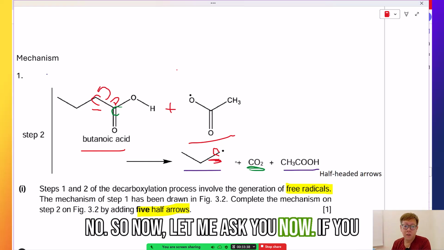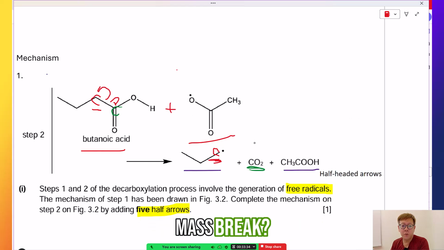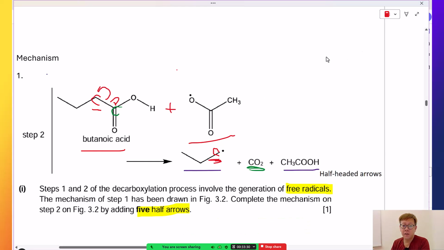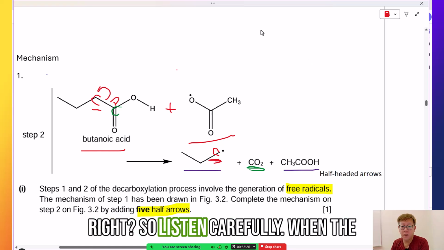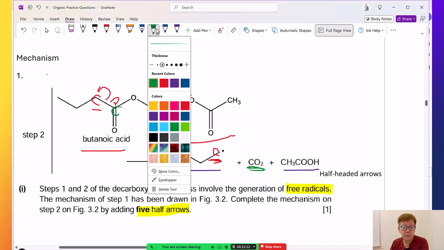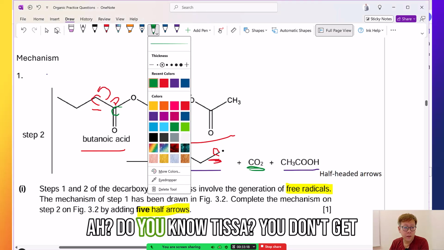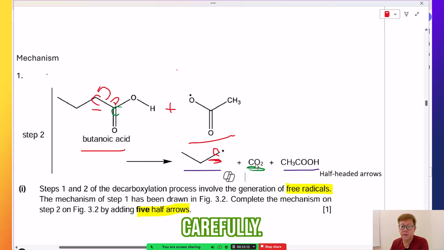Now, if you want to form CO2, which bond must break? The OH bond must break, of course, right? When the OH bond break, how does it break? Do you notice you don't get a C radical, you get CO2.